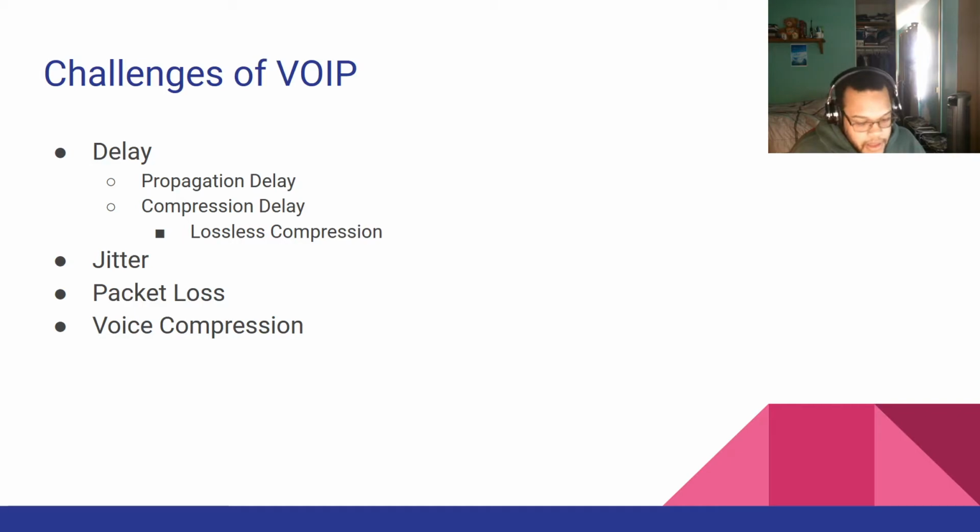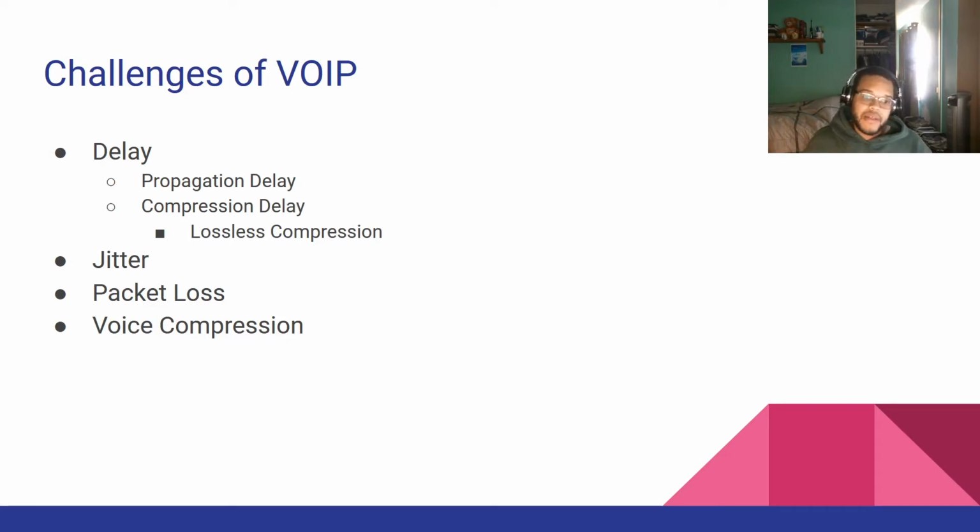Now, VoIP, with it being over the internet, is not entirely risk-free. There are risks and challenges that come along with it. One big challenge is delay. So there's propagation delay and compression delay. Propagation delay is the real-time delay between a signal being sent and being received, usually measured in milliseconds.